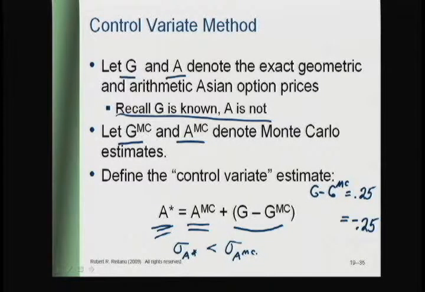If this procedure can somehow produce a collection of estimates that have smaller variability, then this is improving my efficiency. Because for any collection of paths, I can easily generate the geometric and the arithmetic Asian price. I know the exact geometric price, an easy calculation. So this is the key. Can I show that?